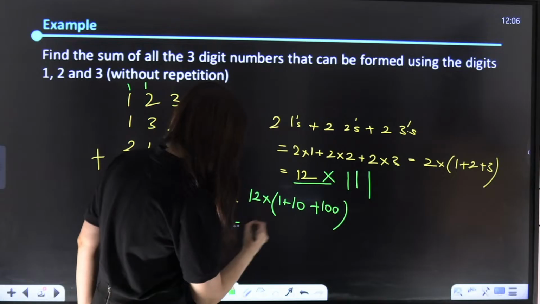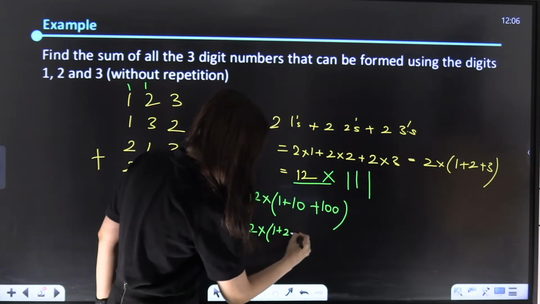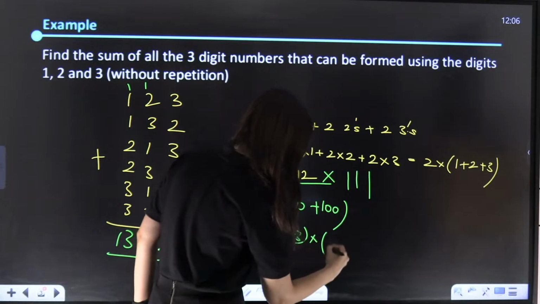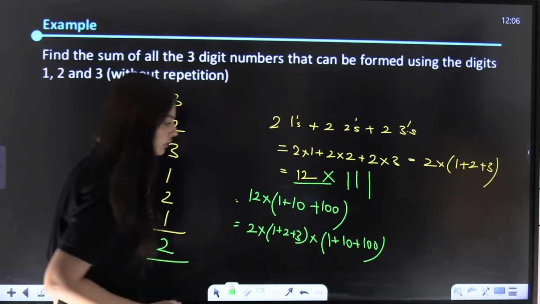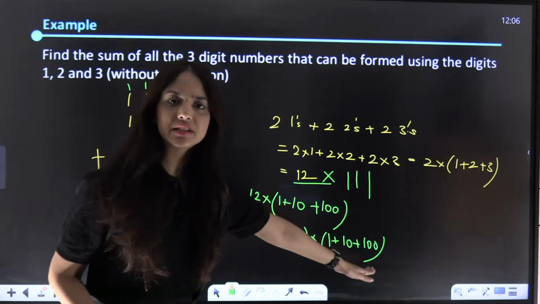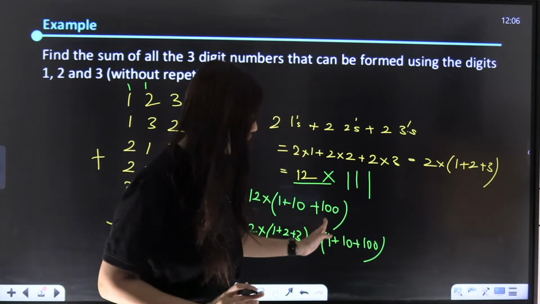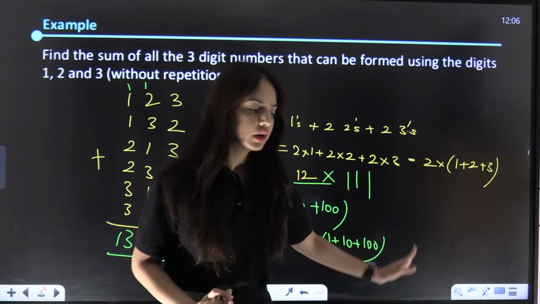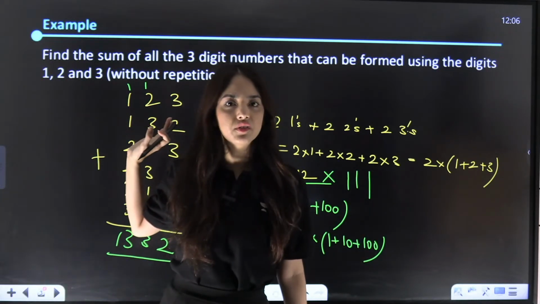We got it from 2 into 1 plus 2 plus 3 into 1 plus 10 plus 100. So we know 1 plus 10 plus 100 is because we have a 3-digit number. So we went from 1's digit to 100's digit. We have 1 plus 2 plus 3 because these are the 3 digits that are given to us.